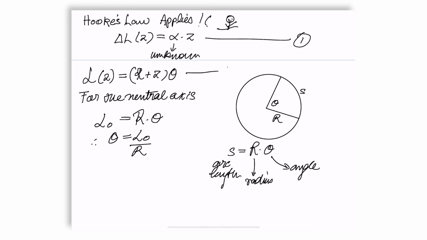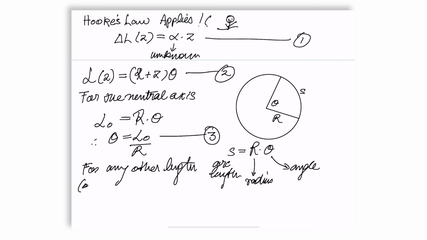I wanted to call this equation 2 and this one equation 3. For any other length other than the neutral axis, what is the relationship between theta and L and R?